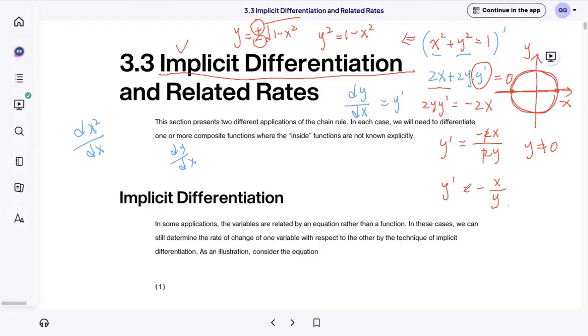That's it. So that is the method of implicit differentiation. How is this different from before? We attach this y prime.